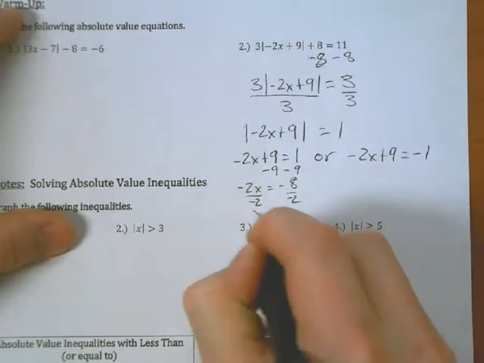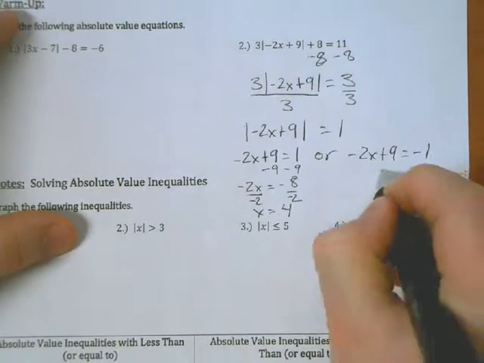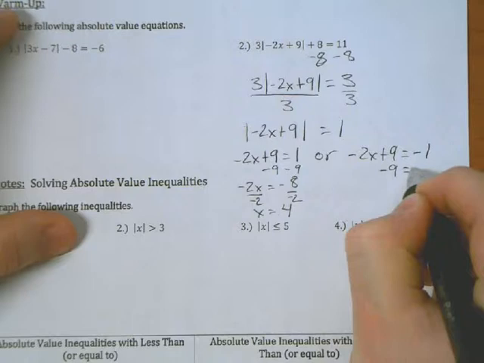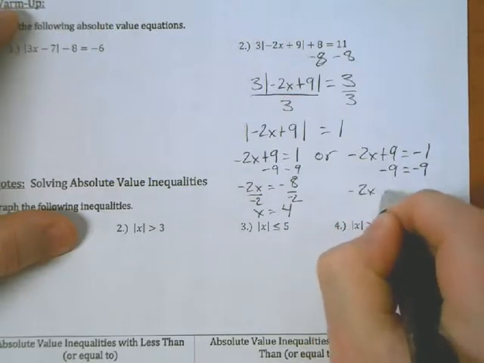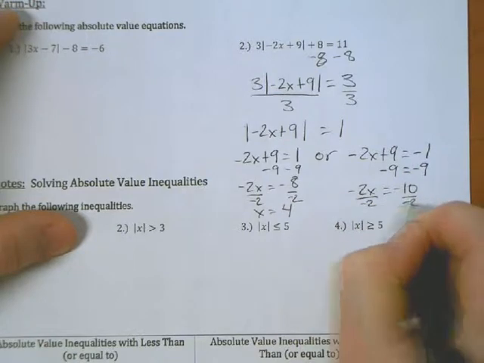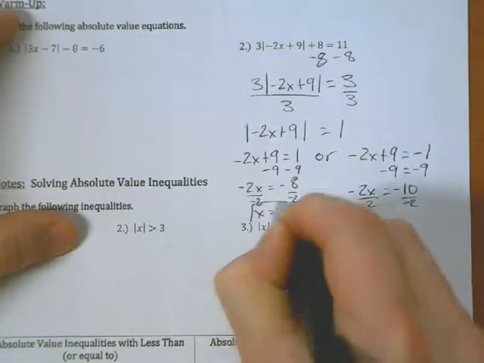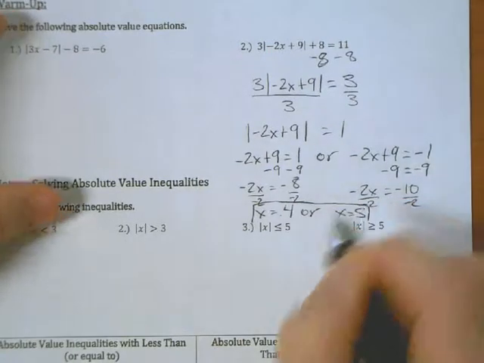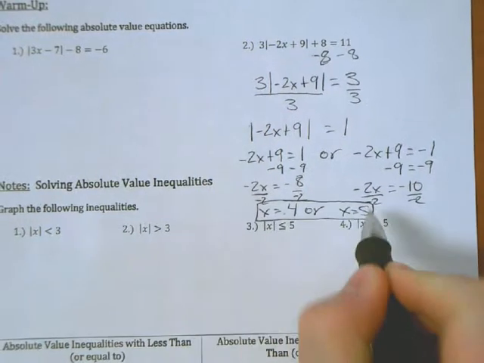So I get x equals 4. Divide everything by negative 2. So I get x equals 5. So I get x equals 4 or x equals 5. Right? Excellent. Thank you for your contributions. Love it. Yay.